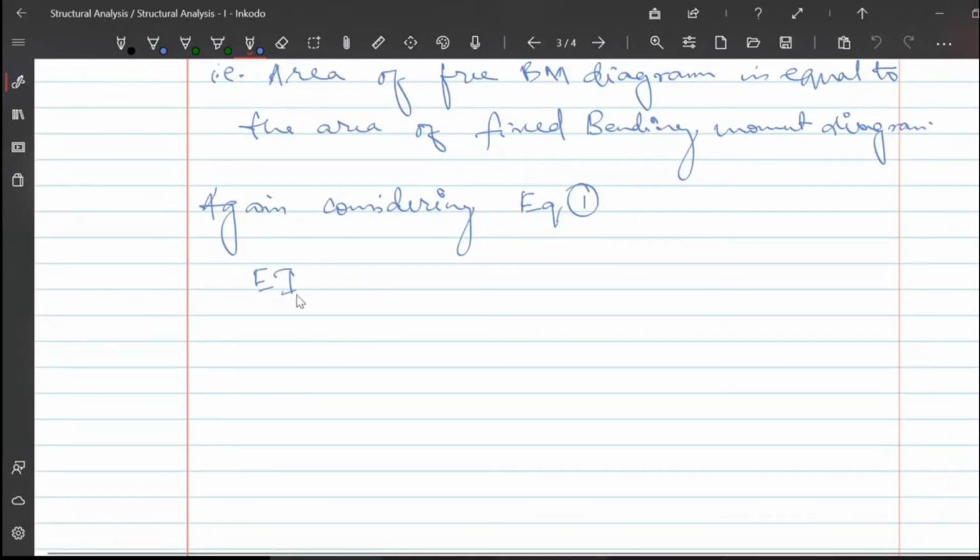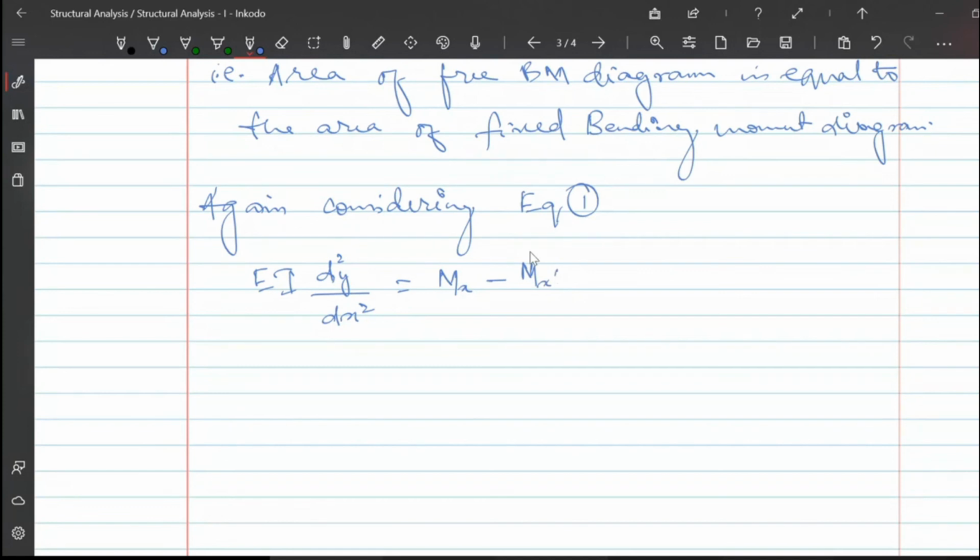So again considering equation 1, that is d square y by dx square equals to mx minus mx bar.